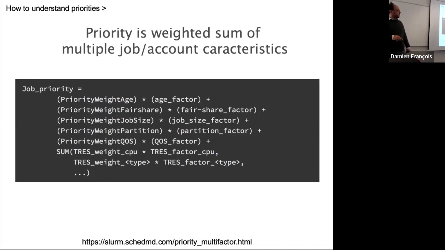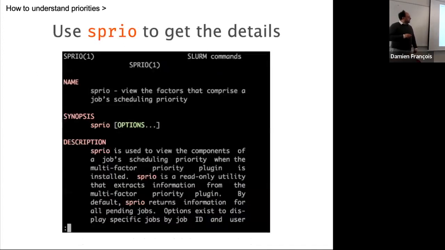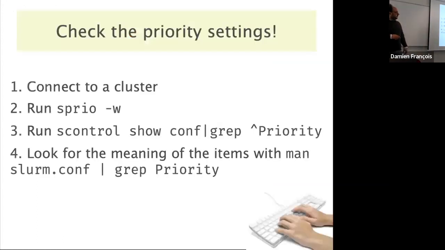To get the priority for your job, you can use the sprio command. So prio as priority, and S because it's a Slurm command. And with sprio, you will see the individual terms in the sum that are responsible for the computation of the priority of your job. SQ will give you the priority of the job, and sprio will give you the details. So you can have a look on a cluster.